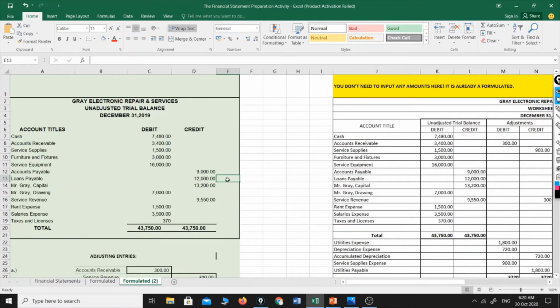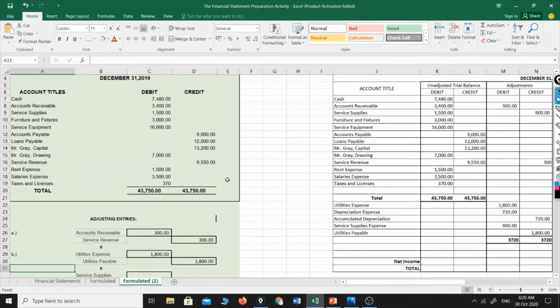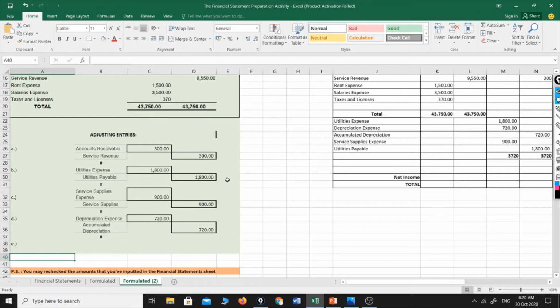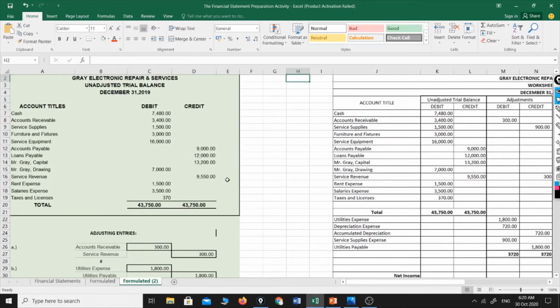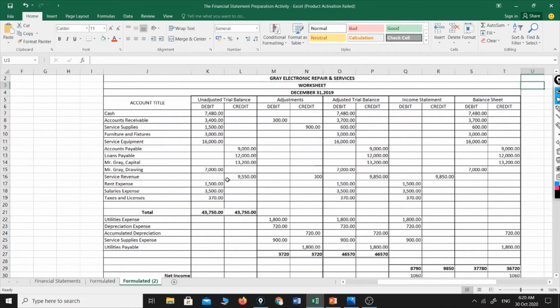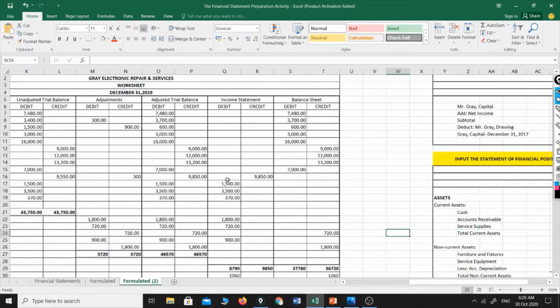We've already done journalizing, posting to the ledger accounts, and preparing its unadjusted trial balance. And we have its adjusting entries here, assumed adjusting entries. During our previous discussion, we prepared its worksheet. Okay, so as you can see in our worksheet, we have our income statement here.